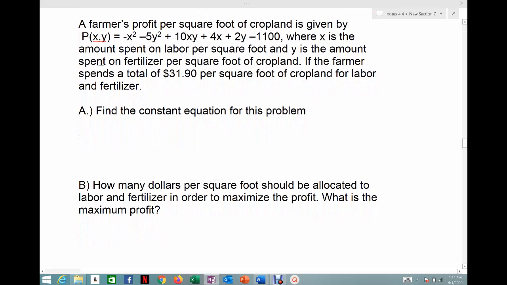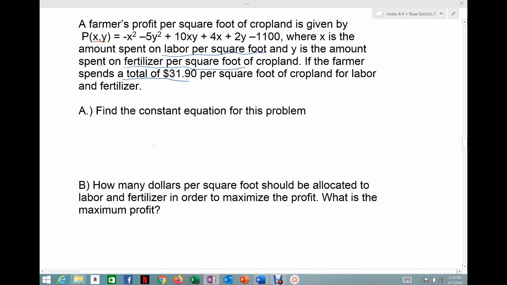Alright, so this problem involves a farmer, where we're given the profit per square foot of cropland. X is the amount spent on labor per square foot, and Y is the amount he spends on fertilizer per square foot. And then he has a budget.